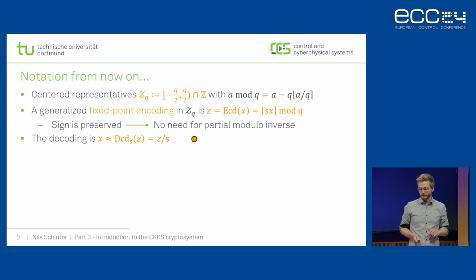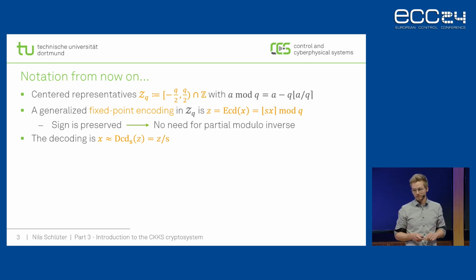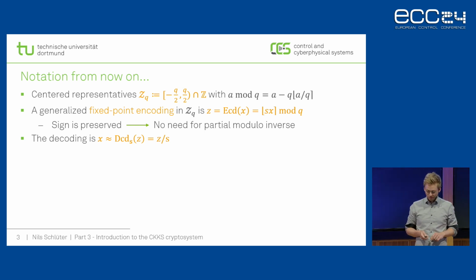And because we have these centered representatives, we do not need this modulo inverse function. We can simply decode by dividing with the appropriate scale factor. This is because the sign is preserved in these centered representatives.